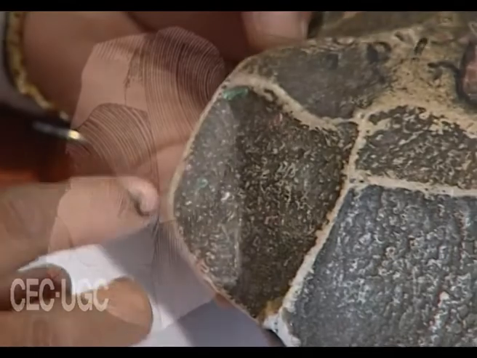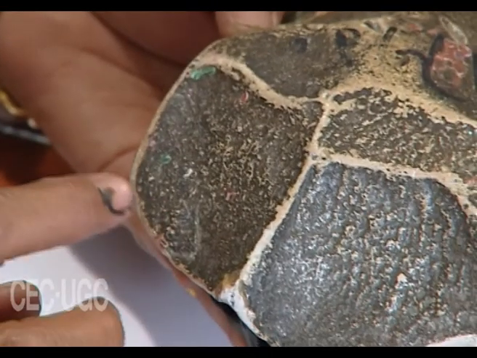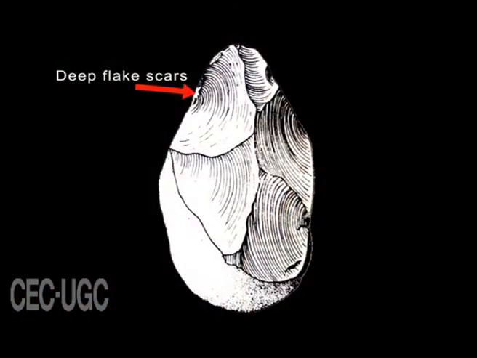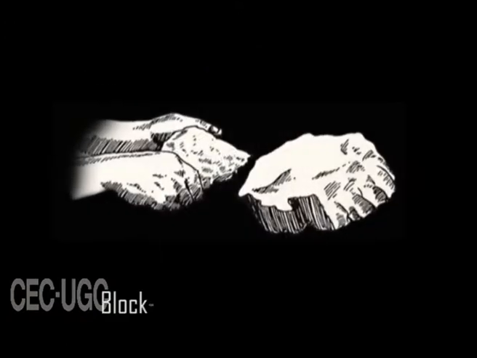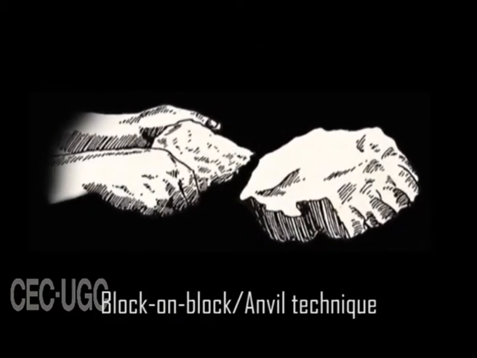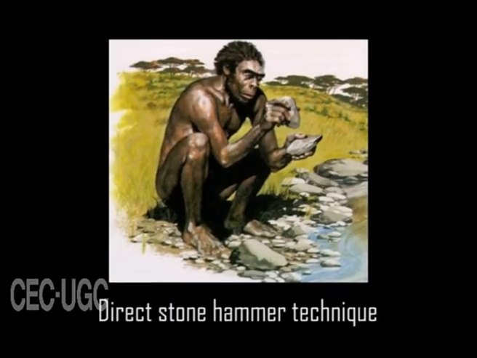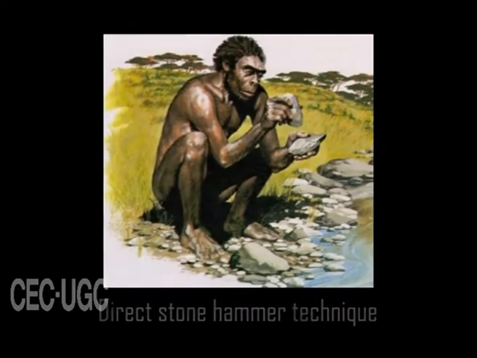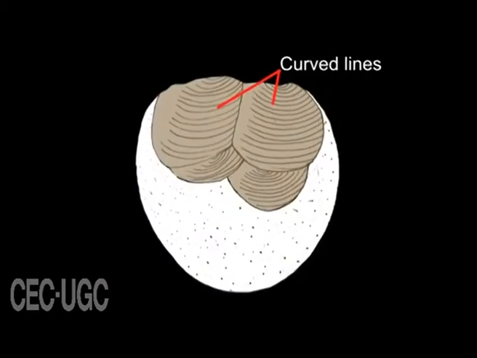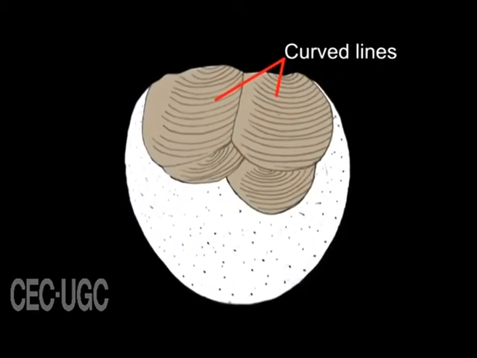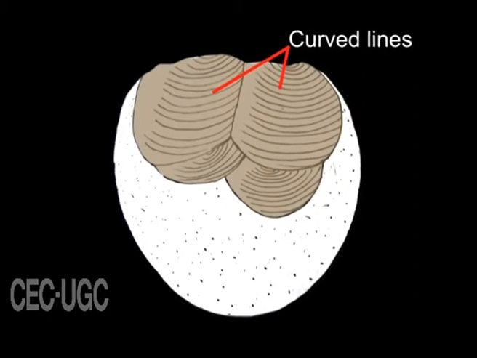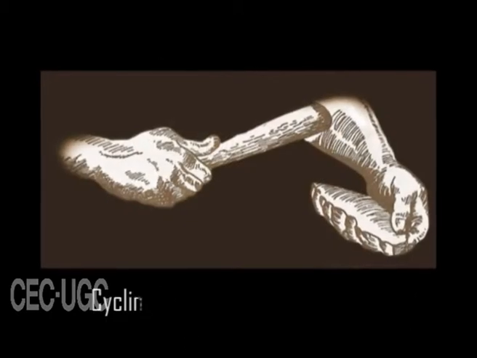For example, the deep flake curves that were produced by the block on block or anvil technique and the direct stone hammer techniques are represented by more curved lines than those of the somewhat curved lines which were produced by the slender hammer technique.